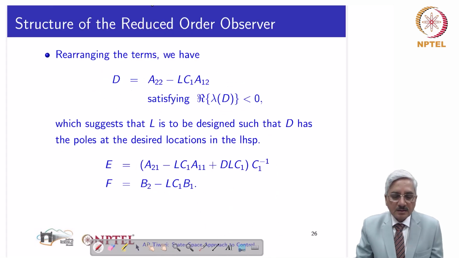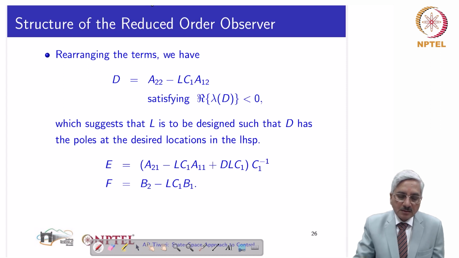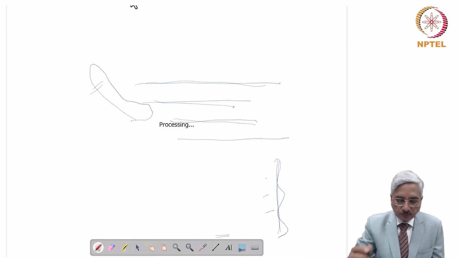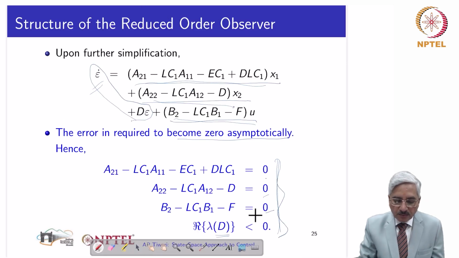Now we can rearrange the terms and look at them. The last one we had written, if we rearrange, we get the matrix D equal to A22 minus L C1 A12. In the reduced order observer equation, we have to determine D, E and F. So D comes from this equation as D equal to A22 minus LC1 A12.